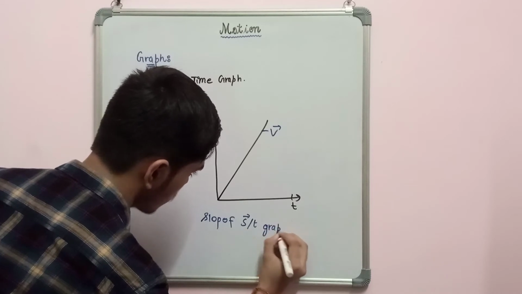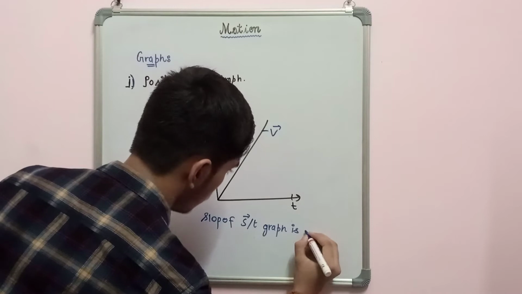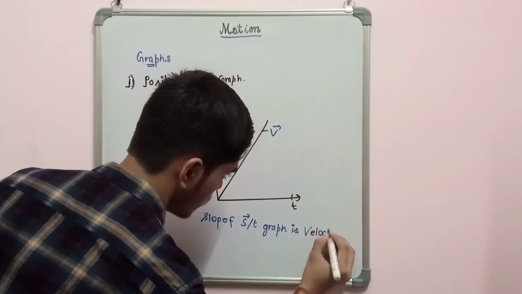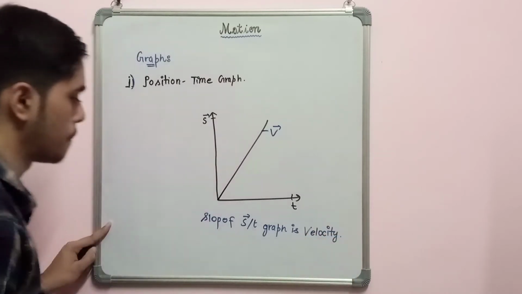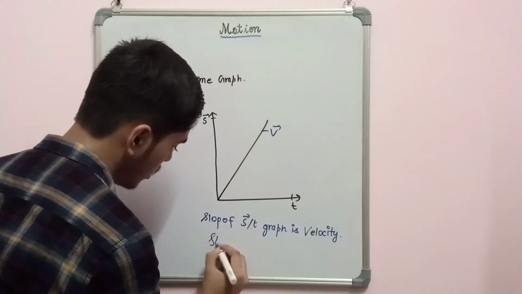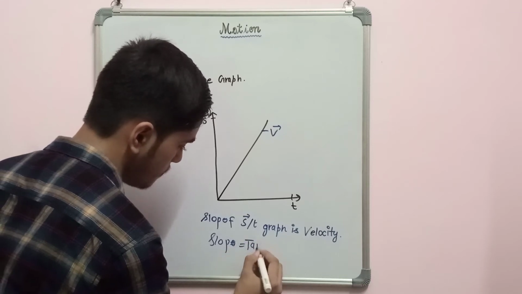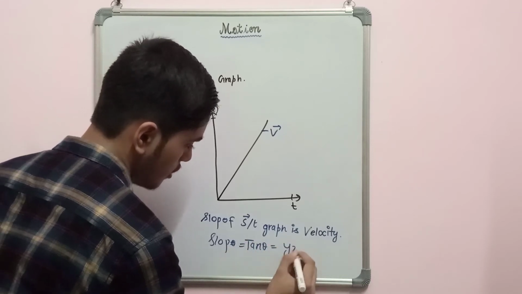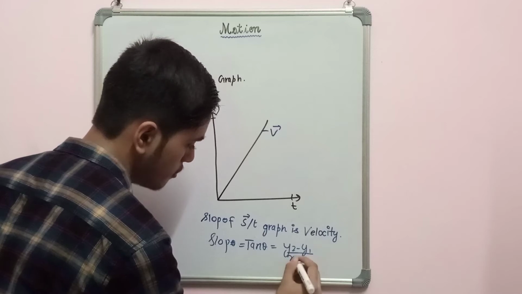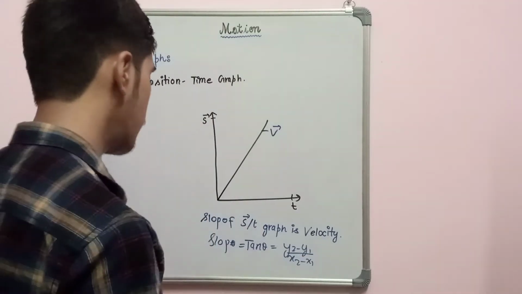The slope can be calculated by using the formula tan theta, or if coordinates are given, (y2 minus y1) upon (x2 minus x1). So this is the formula for calculating it.